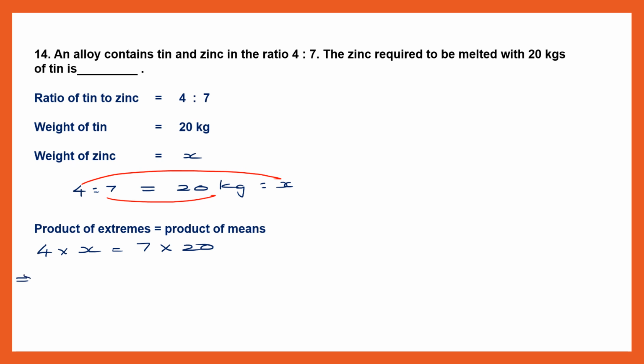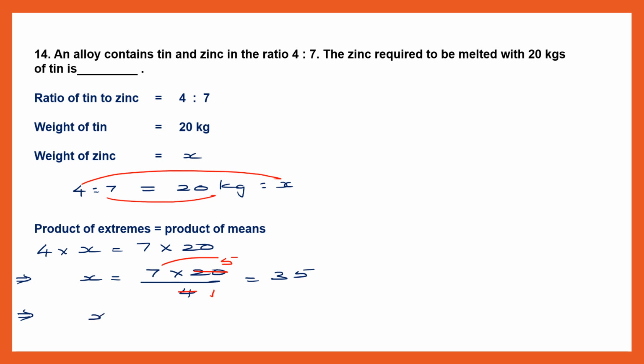So what does this mean? It means that x is equal to 7 into 20 divided by 4, because we have transposed this 4, which is multiplication, to the other side. It's become division. Now we can cancel 20 and 4. 4 ones are 4, 4 fives are 20. Now multiply 7 into 5 is 35. So what have we found out?